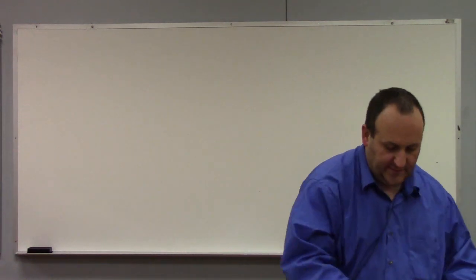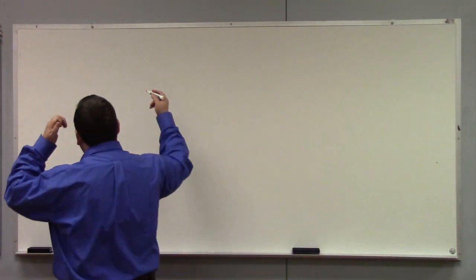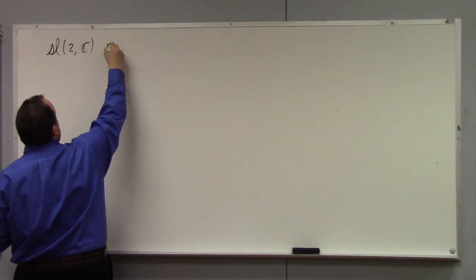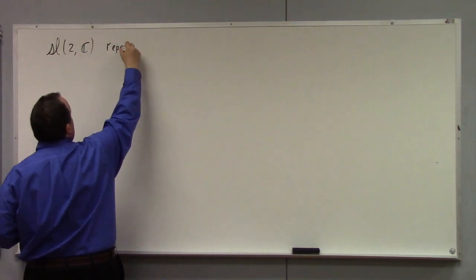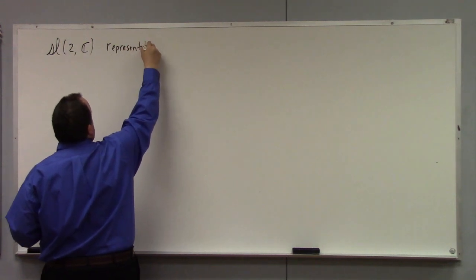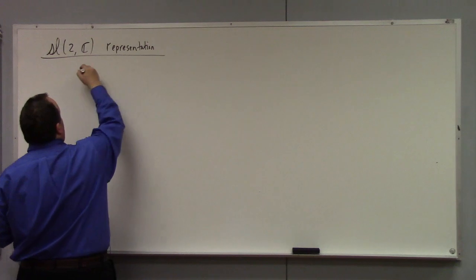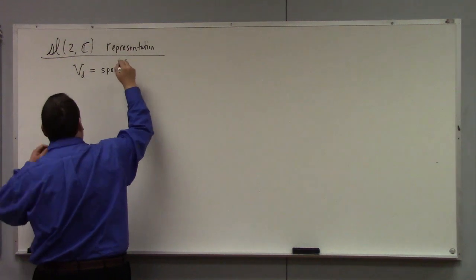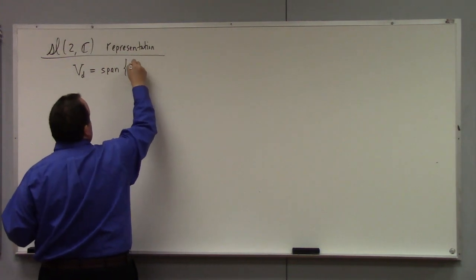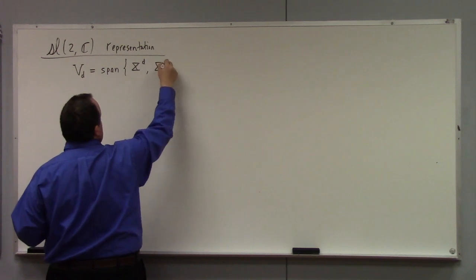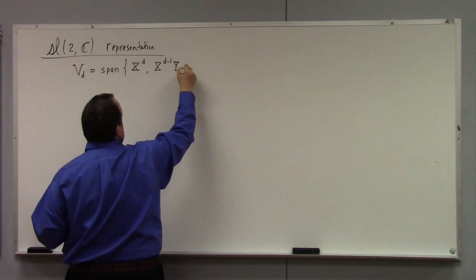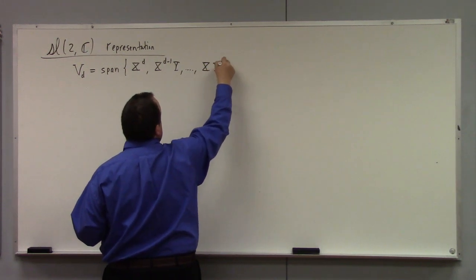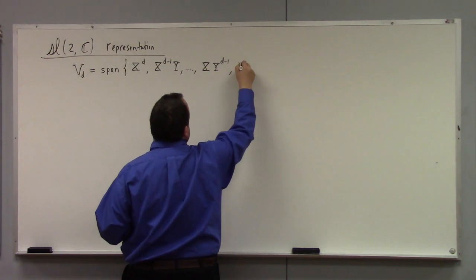Let's see here. I think I can remember we were working on the SL2C representation, and in particular we were looking at V sub D, which was the span of x to the power d, then x to the power d minus 1 y, all the way to x y to the d minus 1, and then y to the d, right?